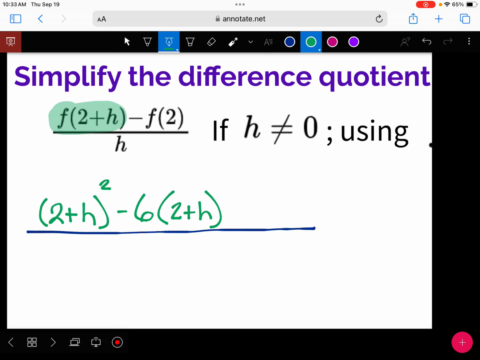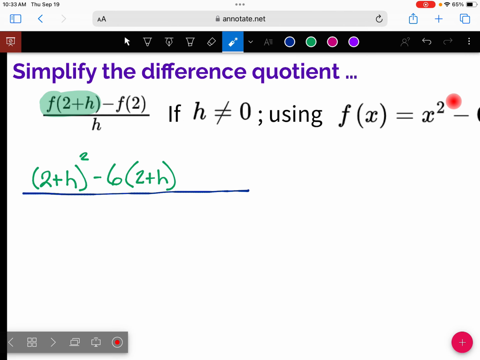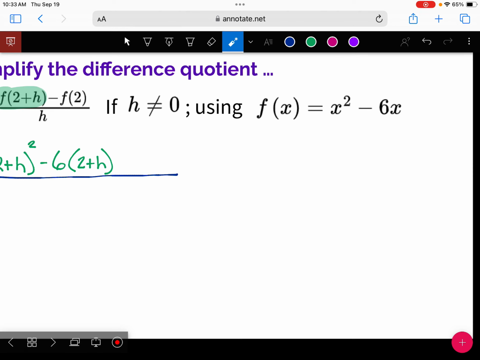Why is it quantity squared? Because I'm putting it into this function here. So I'm putting my 2 plus h in place of this x. And then I'm putting my 2 plus h in place of this x. We're substituting in the 2 plus h in place of x. And we're then going to subtract f of 2.